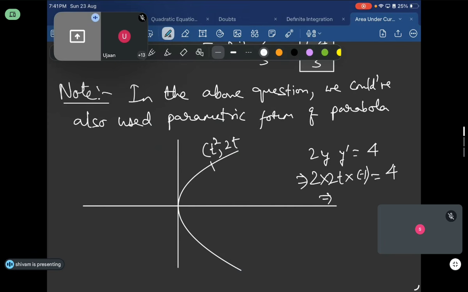So from here we will get the value of t. T will be equal to minus 1. Why minus 1? Wait, let me see. The formula of tangent, we have given the formula of normal. Oh, achha. Slope of normal will be 1. So understood everyone? Like this also you can proceed. You will get the points.